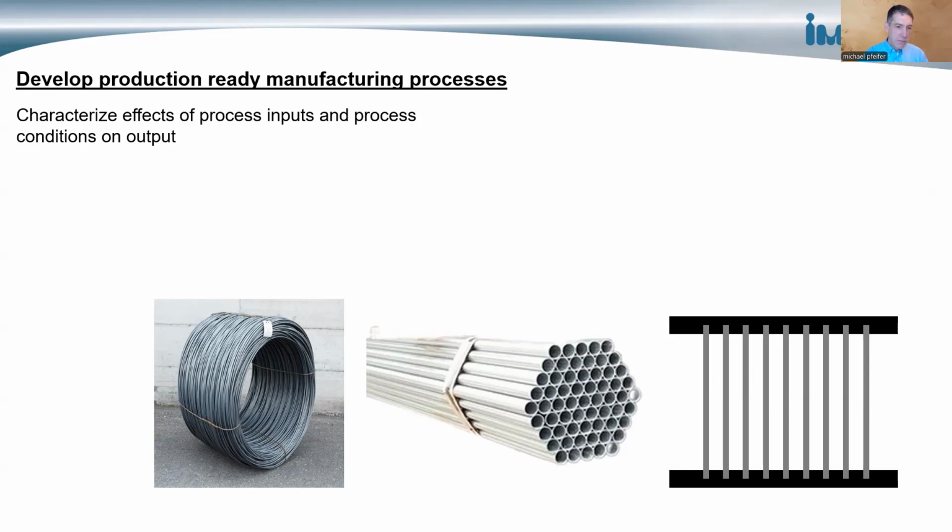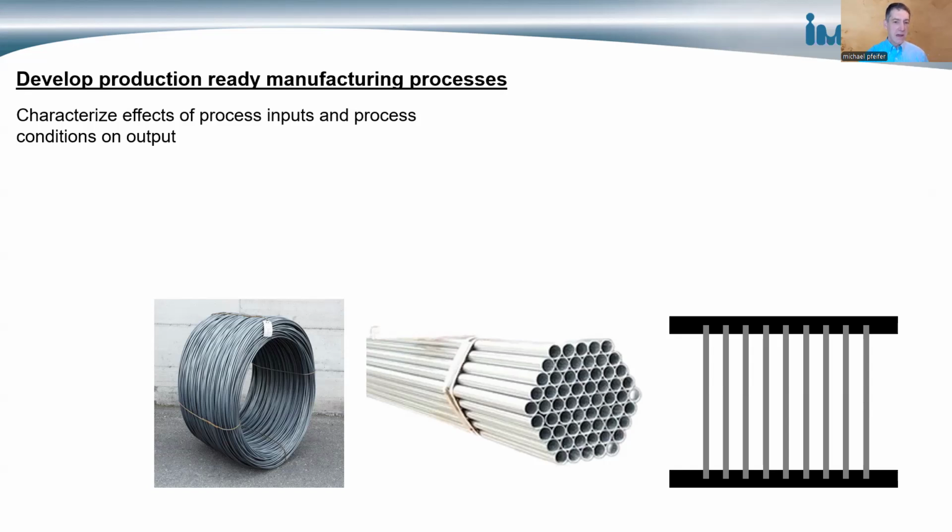Well, having a good material specification and understanding what defects are allowed in the material, the required composition, the required microstructure in the materials they're going to purchase, and then characterizing the effects of the welding process on the weld joint, and measuring the weld strength and looking at the weld microstructure so that we understand the effects of the input materials and the welding process on the final assembly and on the quality of the final assembly.